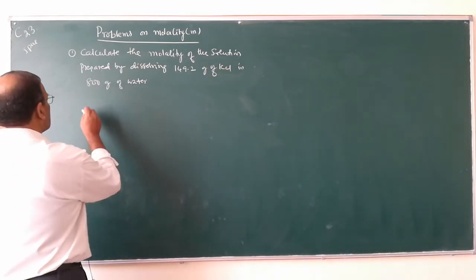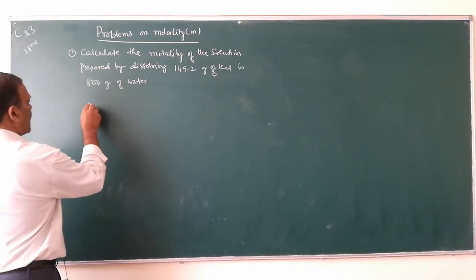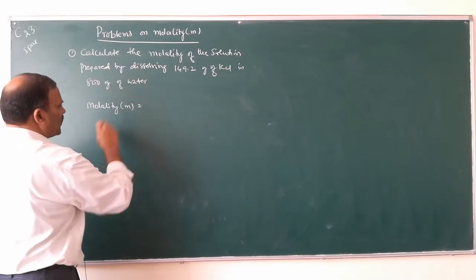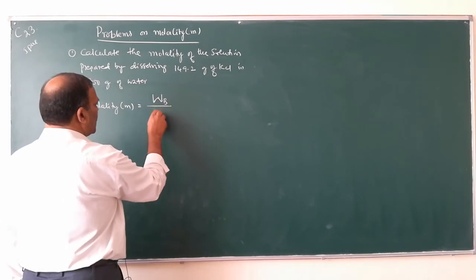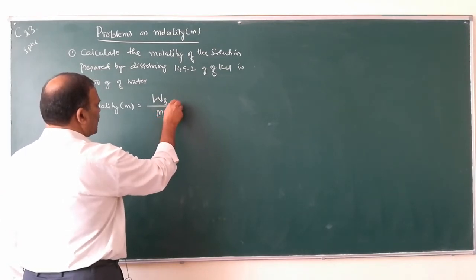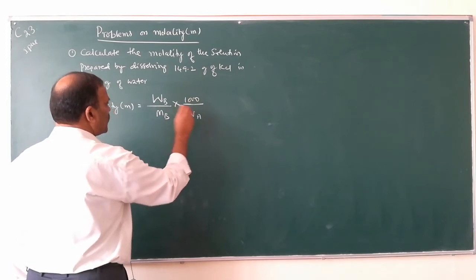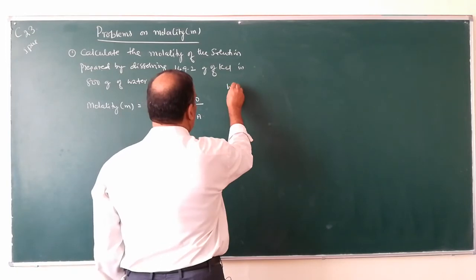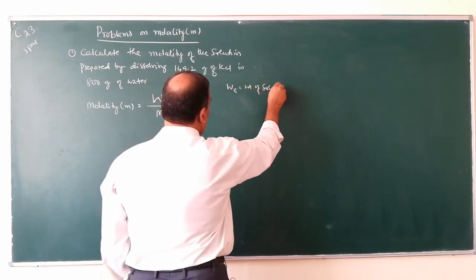So what is the expression for molality? Molality M equals WB divided by MB into 1000 divided by WA. WB is the weight of solute.